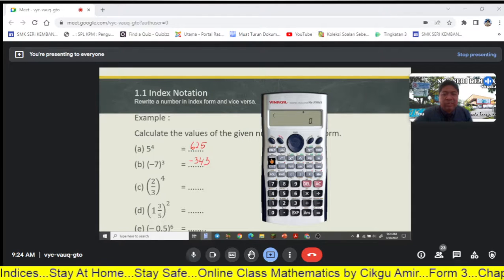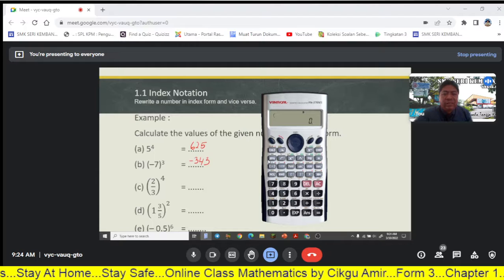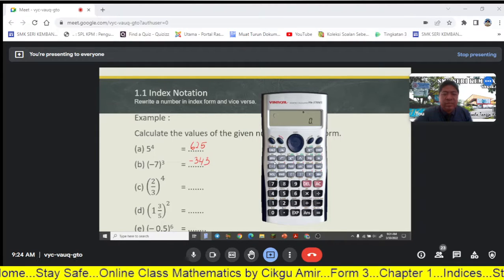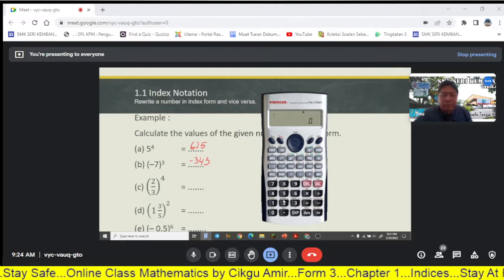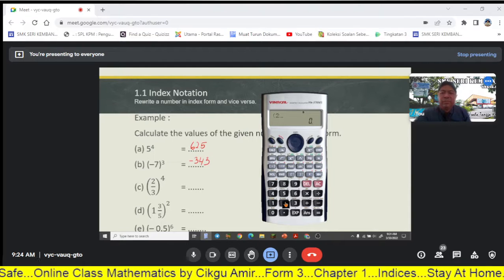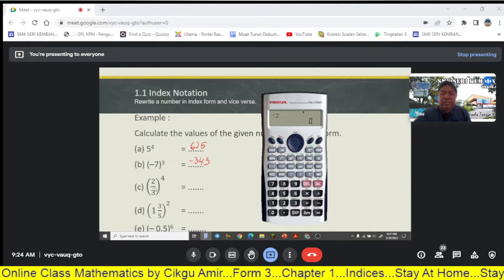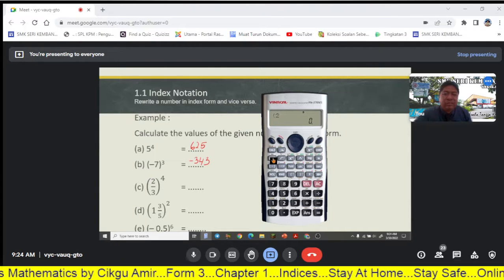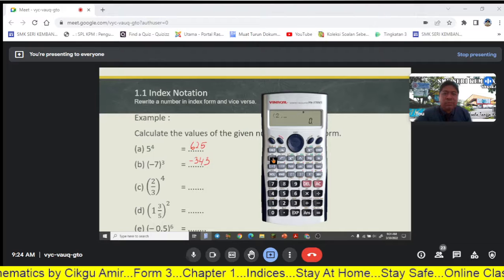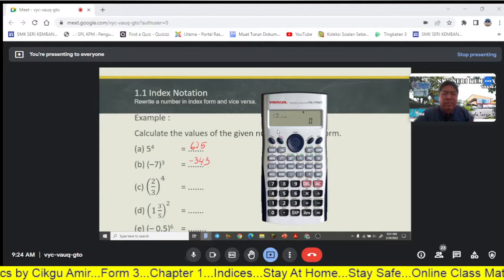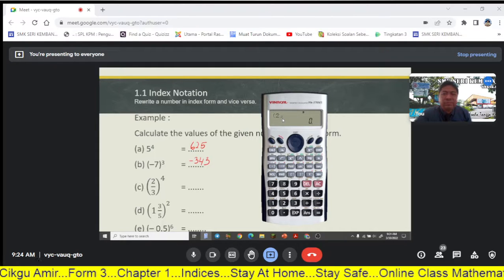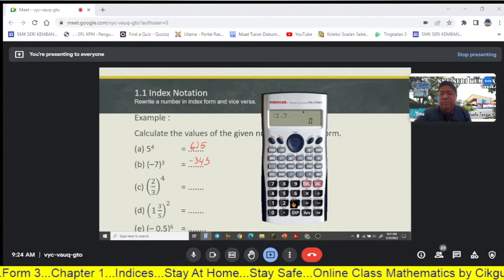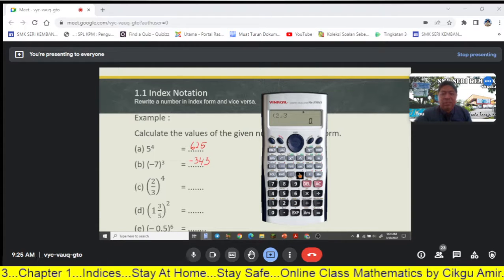We use this a b/c button. So you press 2, press a b/c here, and push number 3.